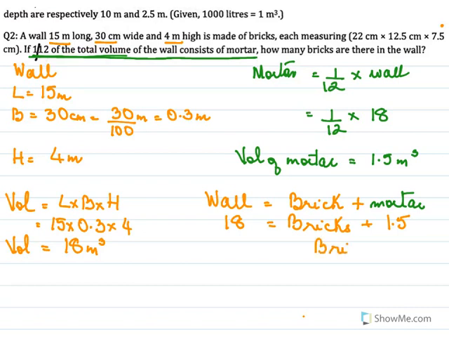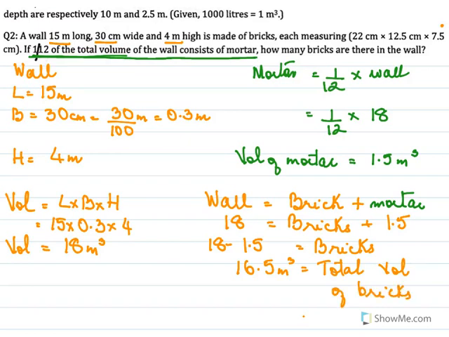So the volume of the bricks equal to 18 minus 1.5, 16.5 meter cube, the total volume of all the bricks. So we need to keep that in mind. This total volume is important. Now we're going to find the volume of one brick and then divide to find number of bricks.